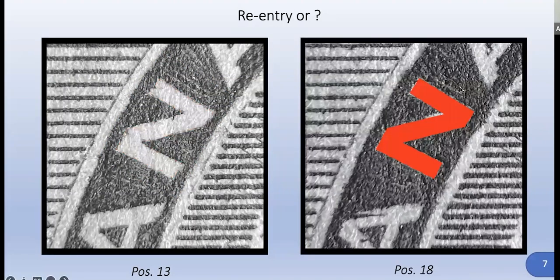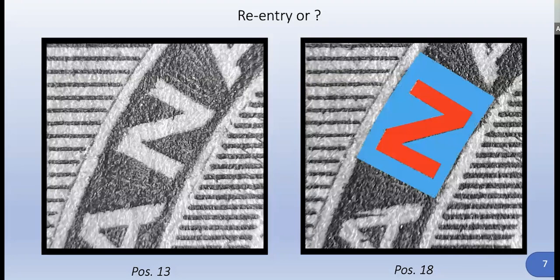So that would suggest that there actually was a raised portion on the transfer roll. So when we move that N over onto position 18 and then put that transfer roll down in that place, we'll see where the transfer roll would be to create this on position 18.